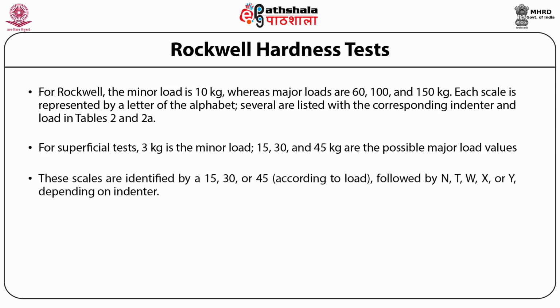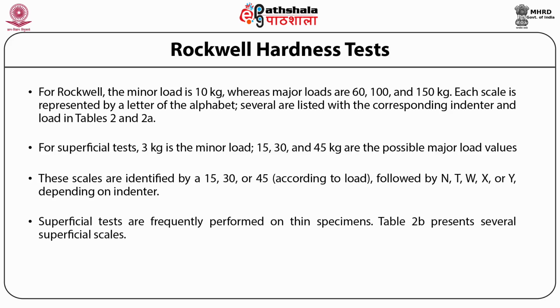These scales are identified by a 15, 30 or 45 according to the load, followed by N, T, W, X or Y depending on indenter. Superficial tests are frequently performed on thin specimens. The second table, 2b, represents several superficial scales.